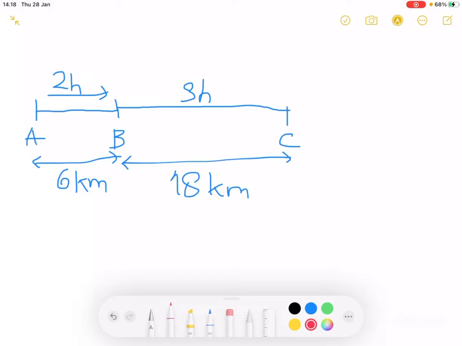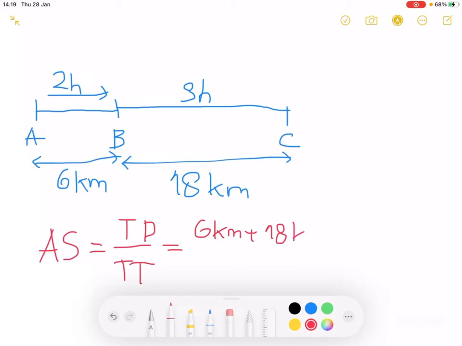Well, we know our average speed is the total distance over the total time. In this case, we can just sum up the distances and the times. So we have 6 kilometers plus 18 kilometers over 2 hours plus 3 hours.